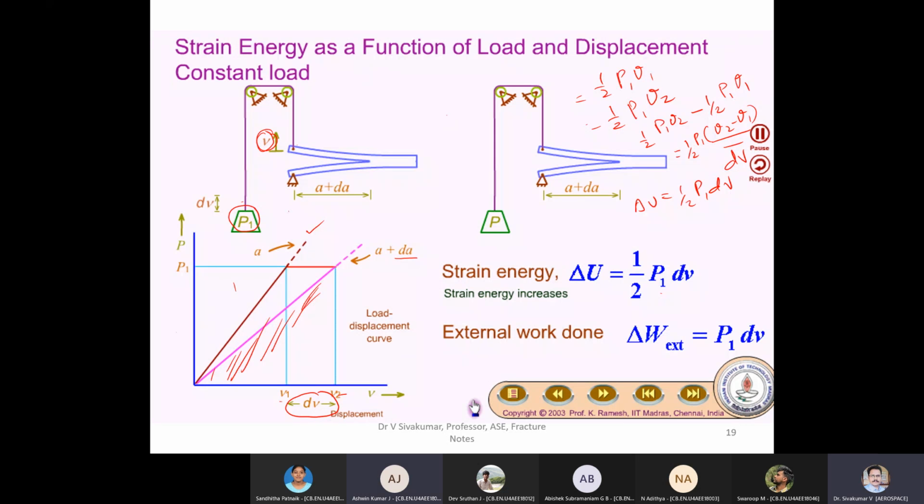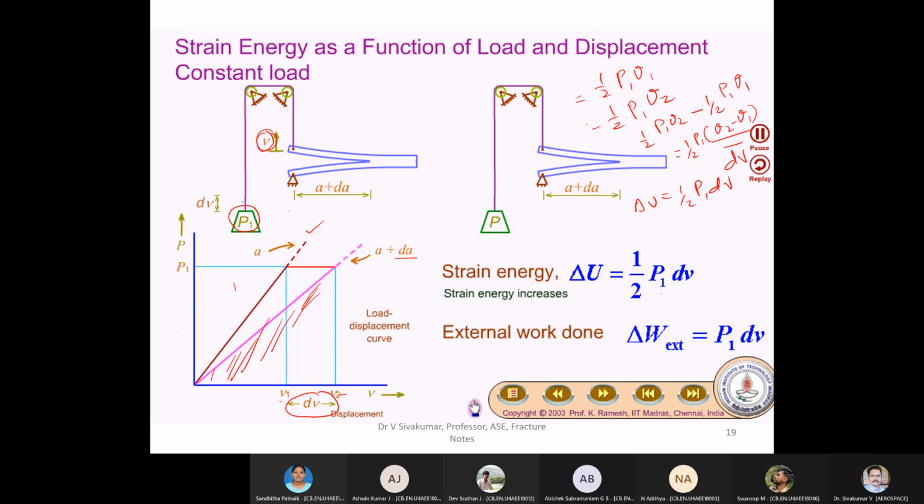How can you give support at the top? In this space, can you give? Yes, you can. Basically, this is schematic. Very good observation.